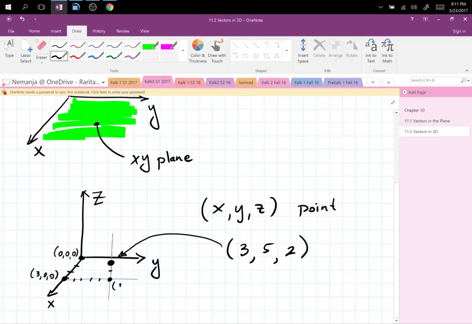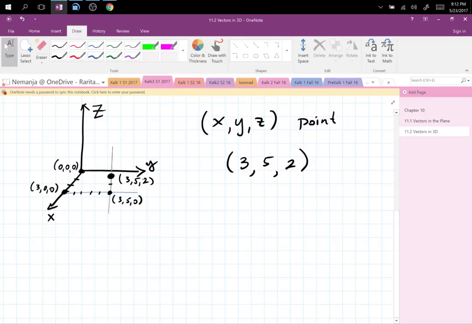Then you get to 3, 5, 0, which is in the xy plane. And then you finally go up to 3, 5, 2, which is in space. You have to be able to locate these points so that you can see what's happening.